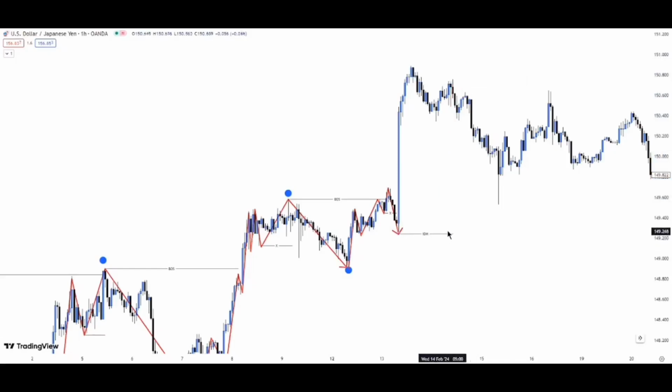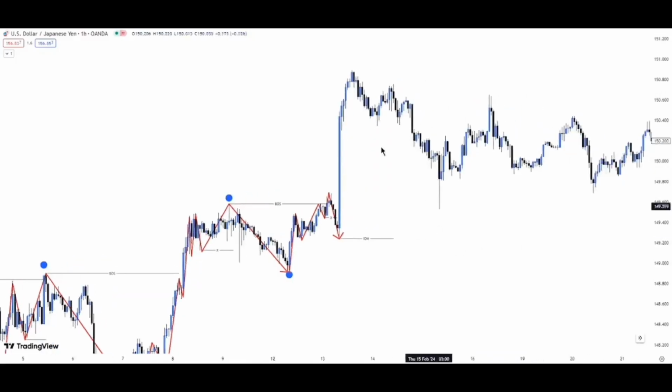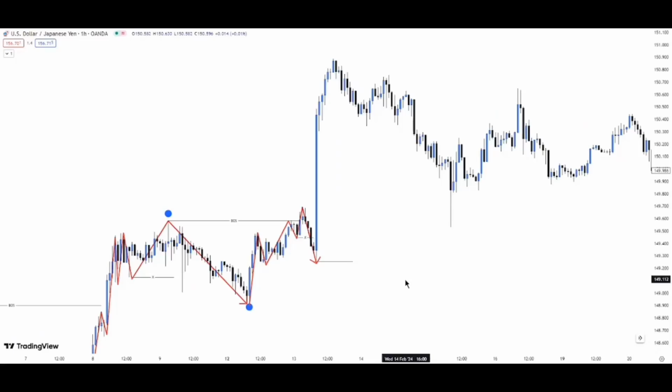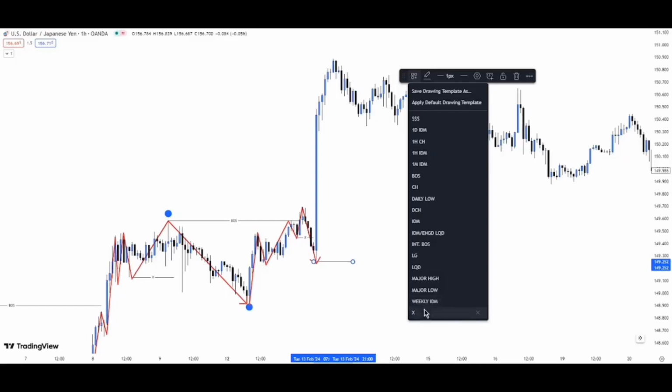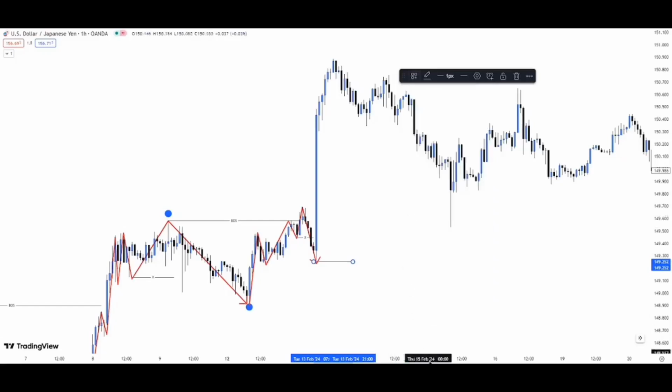So if price takes out this, it doesn't mean that price has changed character. No, because there is no 1, 2, 3 pattern on this leg. So in future, if price takes out this very inducement here, then this high will be confirmed. Our high here will be confirmed.